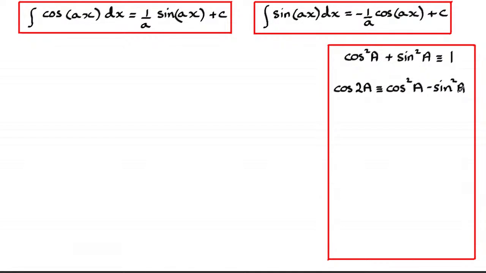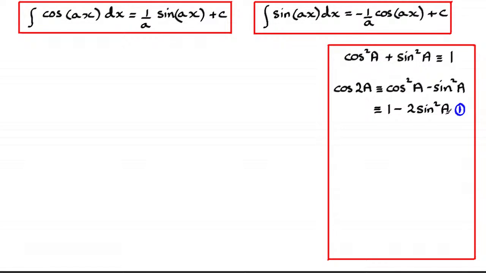And if we make cos squared A subject here, it's going to be the same as 1 minus sine squared A. So if I substitute 1 minus sine squared A in for cos squared A, I'm going to get 1 minus sine squared A minus another sine squared A, and that's going to give us this identity, 1 minus 2 sine squared A. Okay?